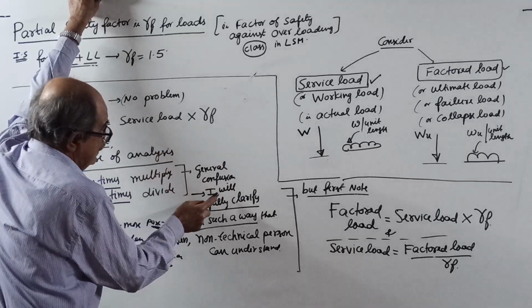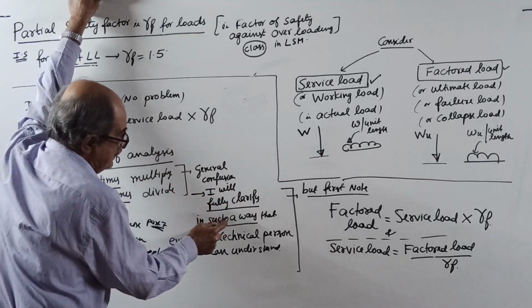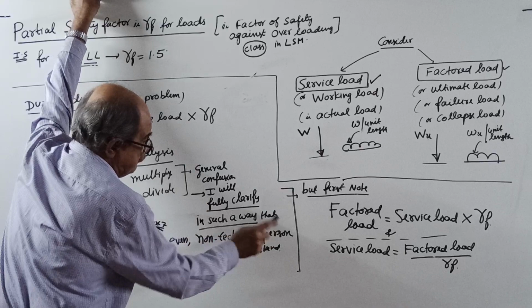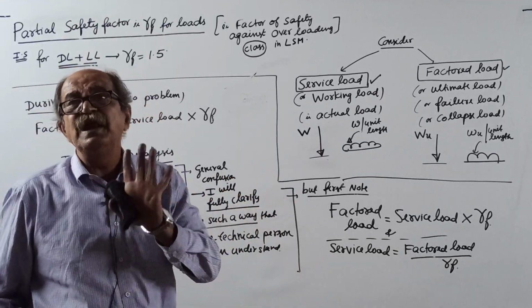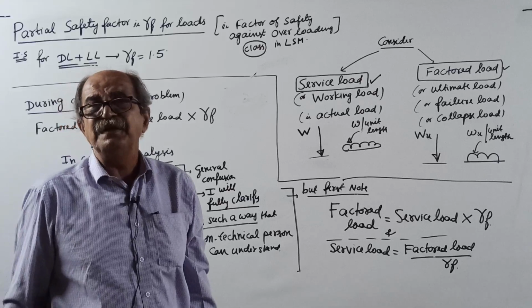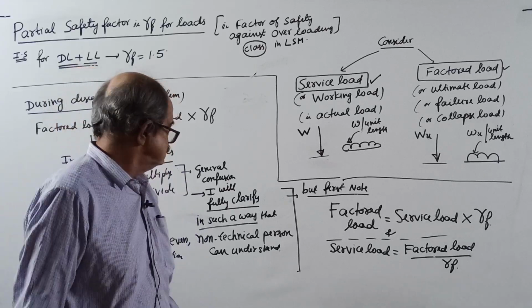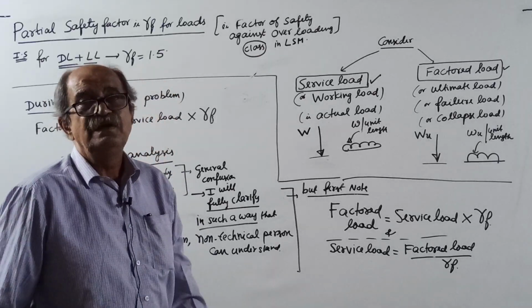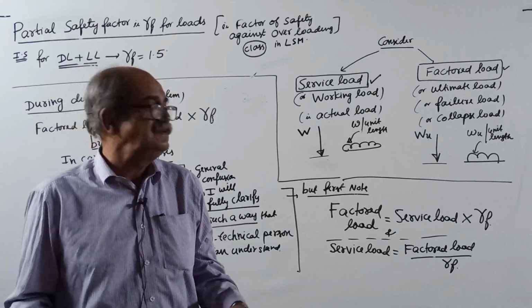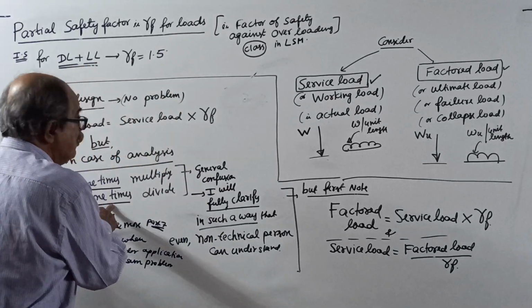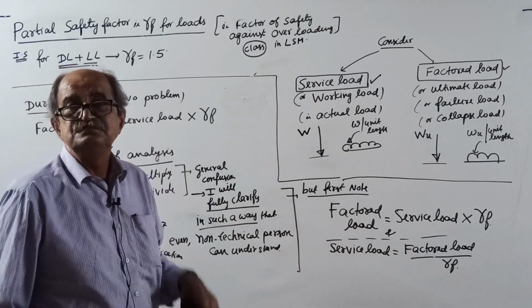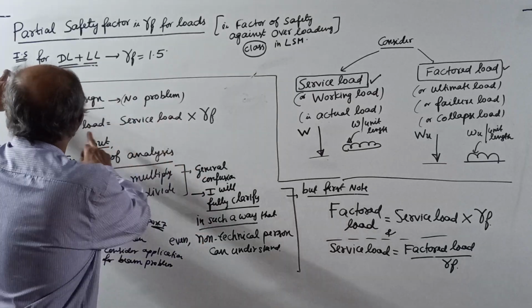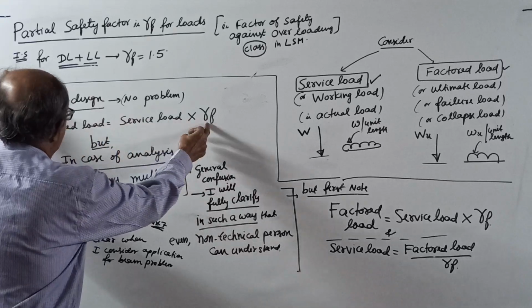But remember, I will fully clarify the general confusion in such a way that a non-technical person, somebody walking in the street, who knows English and a little mathematics, at least high school level, can understand. Then you can surely understand. More of this will come in the coming classes.